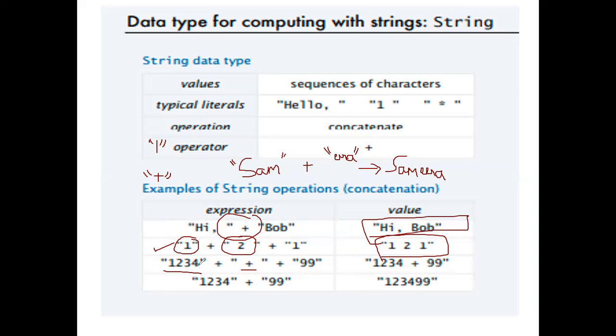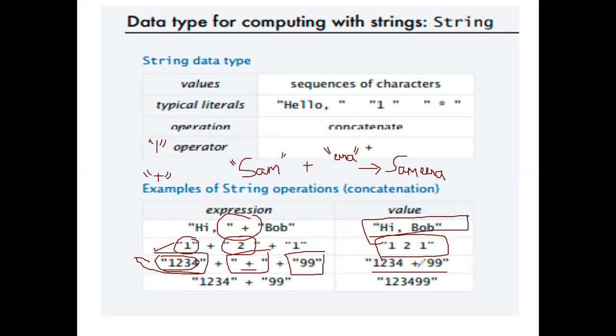So "1234" is in inverted commas, so it will be considered a string. Then the plus is there, again plus is there. So this is one string, then plus is there, then this is one string, then plus is there, and this is one string. So what does it become? The plus operator is used in between, and when we join it, it's going to give me 1234 from this string.